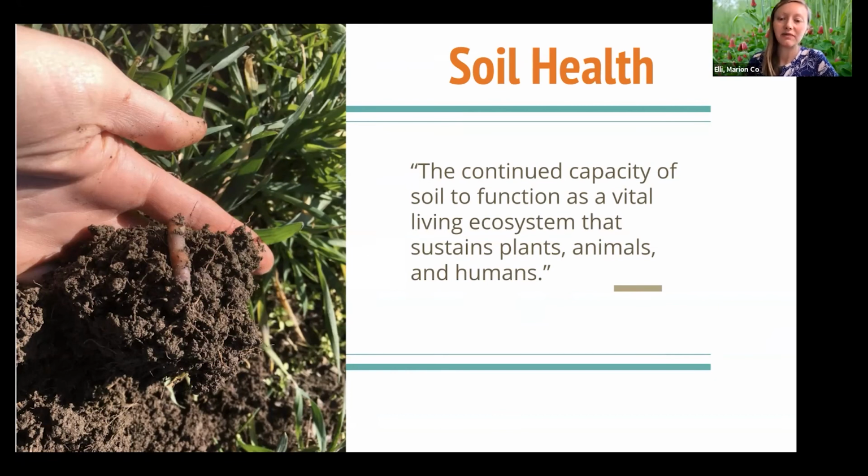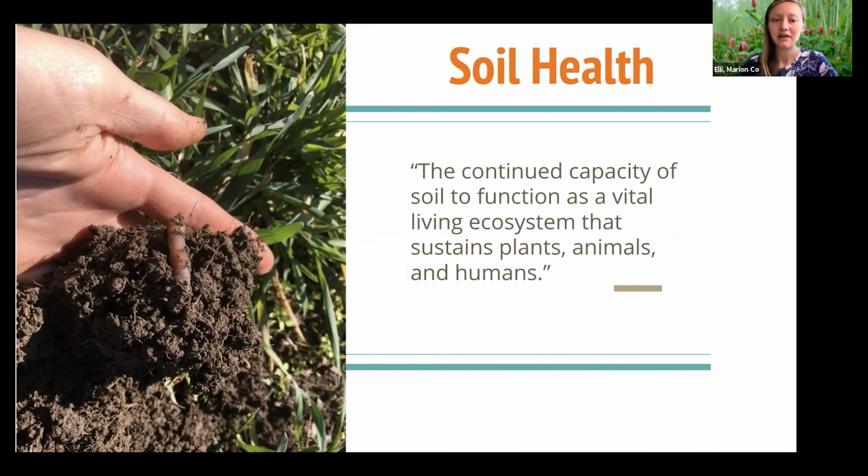It has the word function in there. I think soil health is really at its center talking about soil function. And if we don't center soil health at the core of what we're trying to achieve, we can lose that function over time and get into practices that may not continue to support us for the long term.